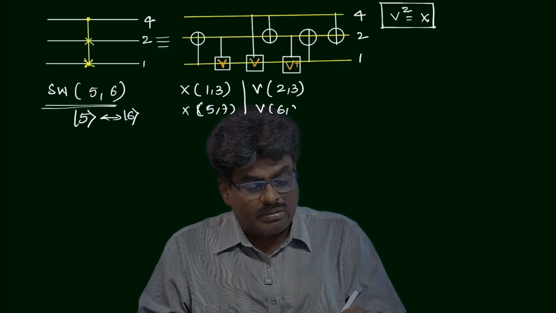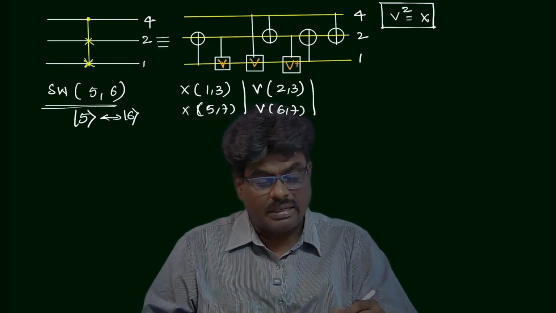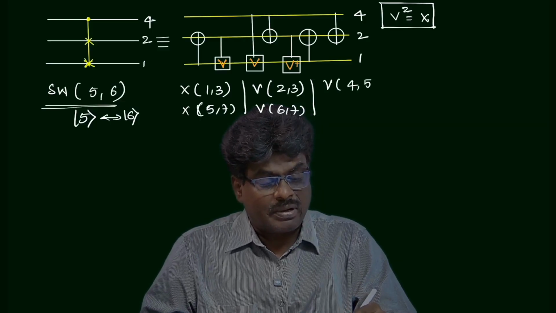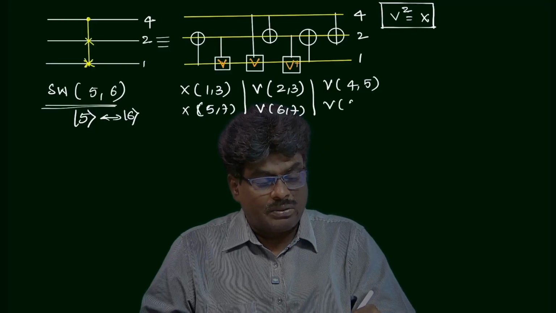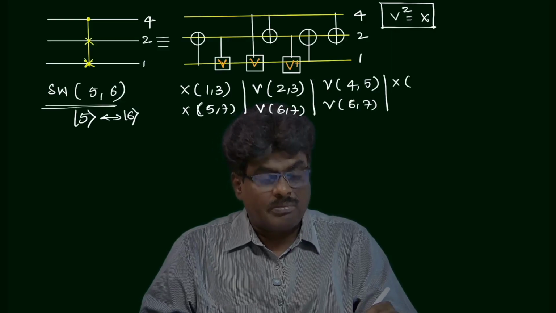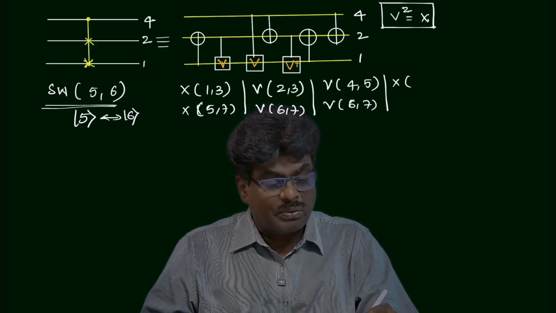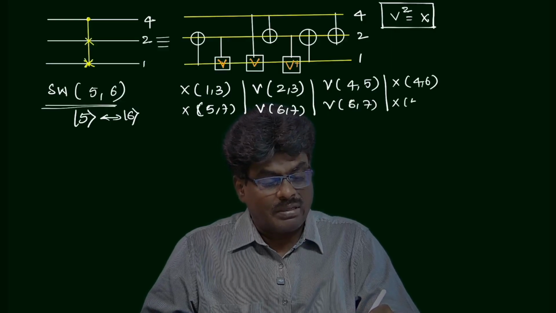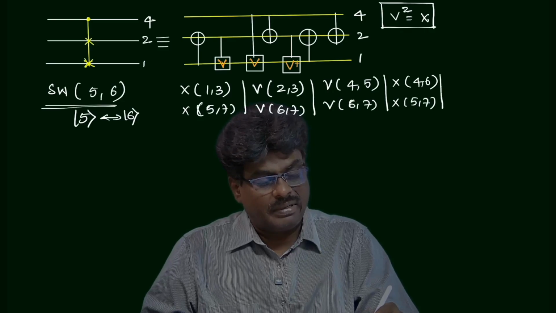Add 4, 6 comma 7. Next again control V, this time 4 to 1, that's why 4 comma 5. Next add 2, that is 6 comma 7. Next again C not is there, that is 4 to 2, 4 comma 6, and you have to add 1 this time, 5 comma 7.